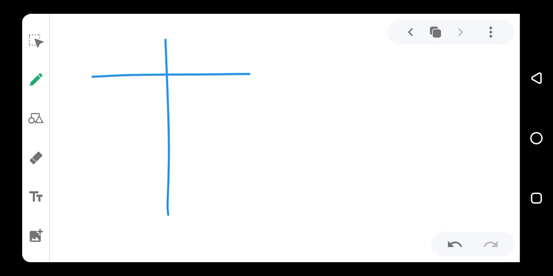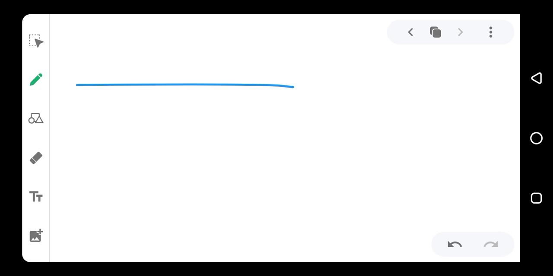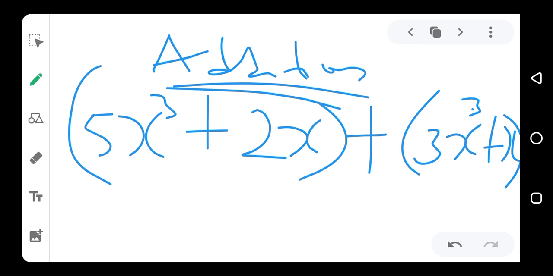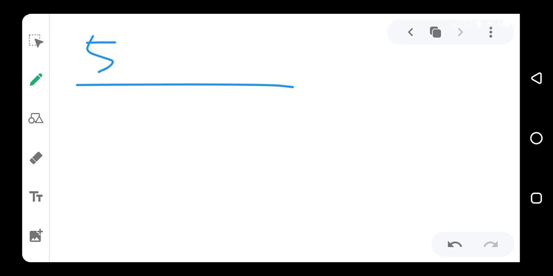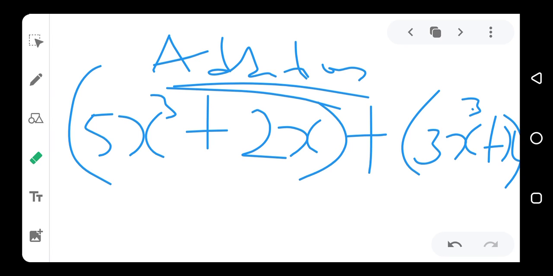We write the first term, 5x raised to power 3 plus 2x. Then the second polynomial, 3x raised to power 3 plus x.